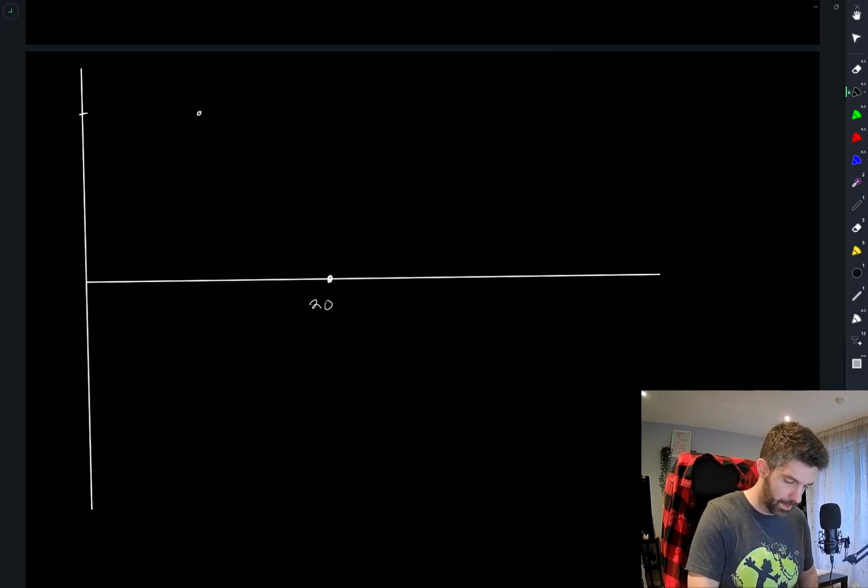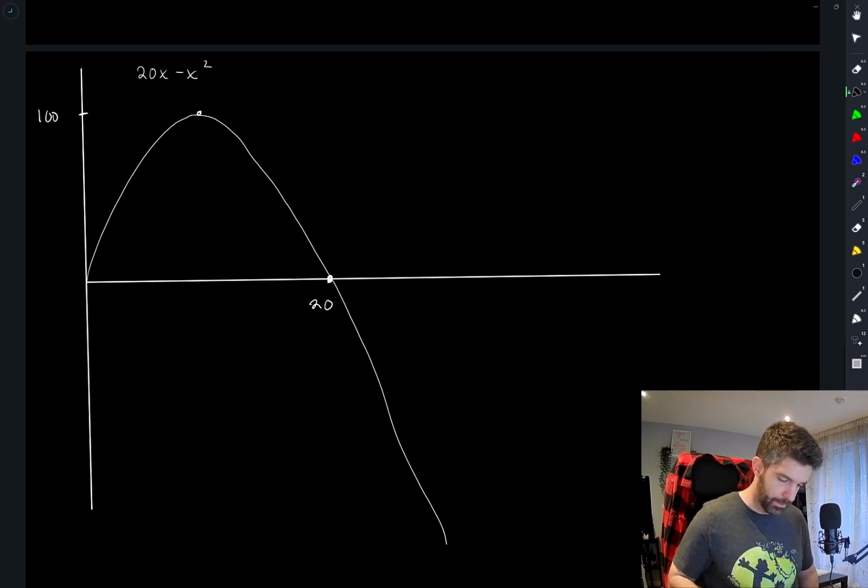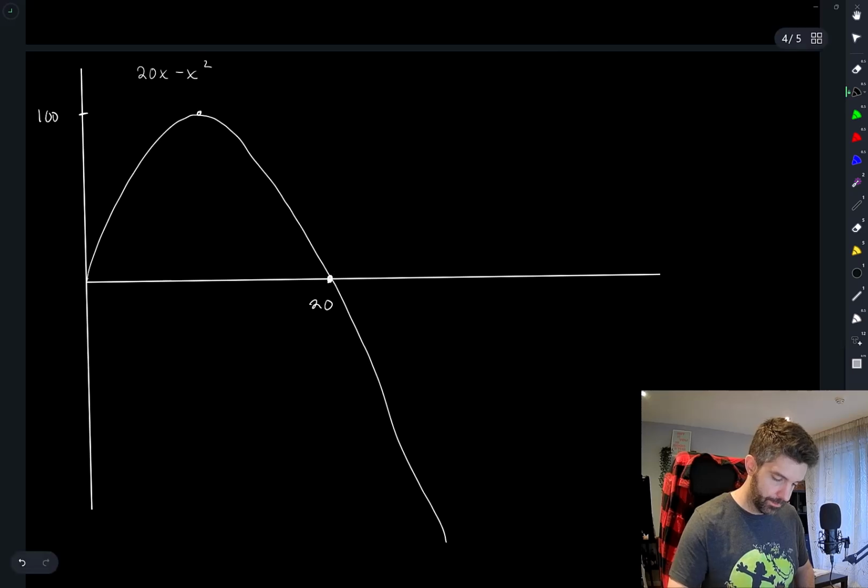The peak of that part is at 100. What I'm plotting here is 20x minus x squared for positive values of x. It looks like that. So if I take an absolute value, this goes like that.